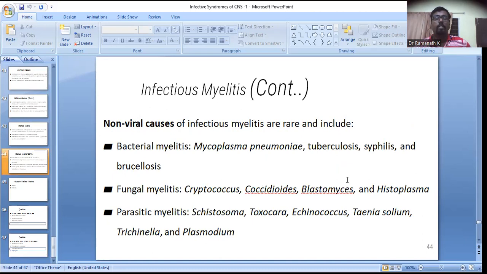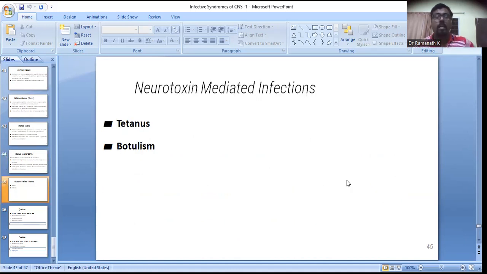Non-viral agents include Mycoplasma pneumoniae, tuberculosis, and syphilis, and among the fungal agents Cryptococcus, Candida, histoplasmosis, and blastomycosis. Schistosoma, Toxocara, Echinococcus, Taenia solium, Trichinella, and Plasmodium may be in the parasitic group.